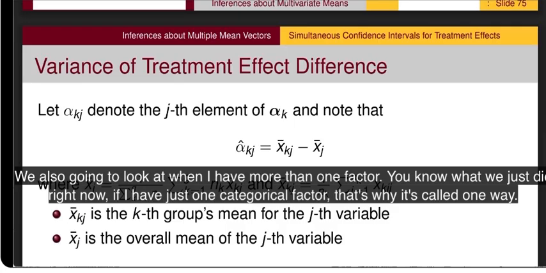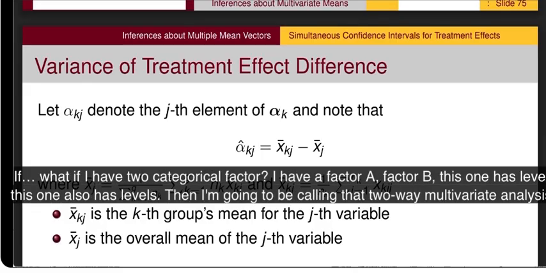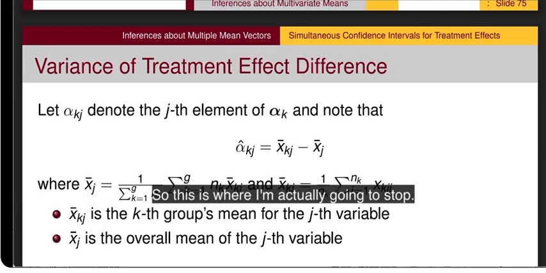What we just did right now, if I have just one categorical factor, that's why it's called one-way. What if I have two categorical factors, a factor A and a factor B? This one has levels, this one also has levels. Then I'm going to call that two-way multivariate analysis of variance. So this is where I'm actually going to stop today.